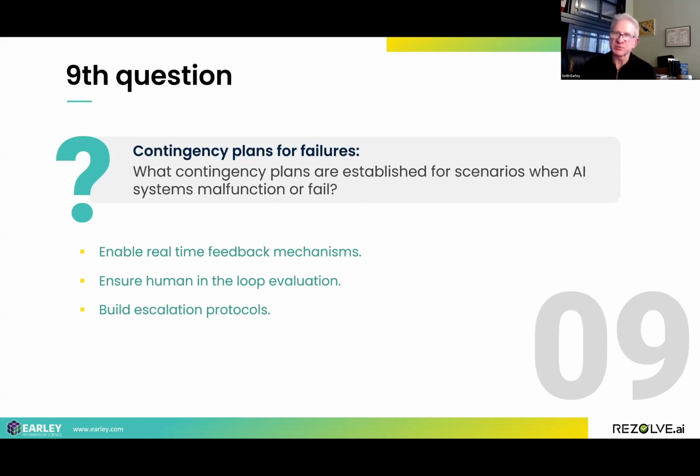Those escalation processes need to be responsive, depending upon the seriousness of the problem. Just like any other mission critical application, you need to understand the protocols for determining the source of a failure, and have a backup plan for when inevitably something will go wrong.